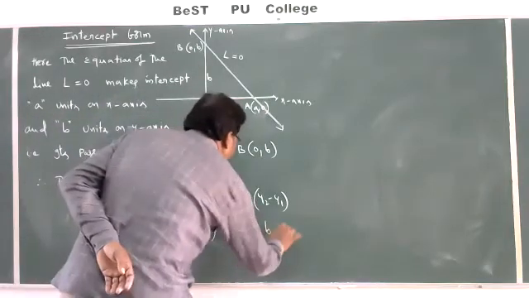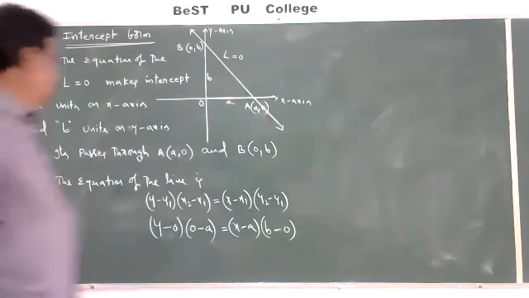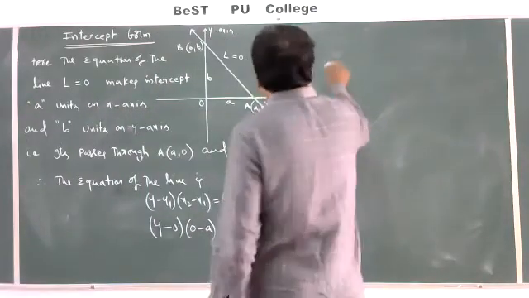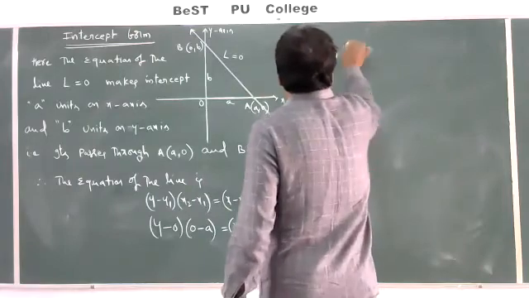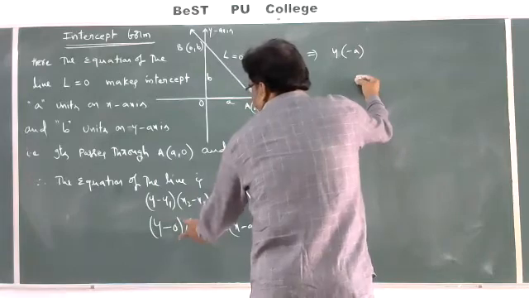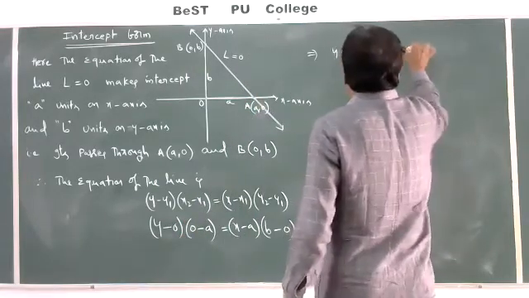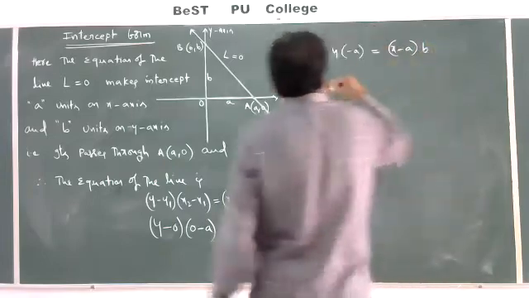Y2 is b minus y1 is 0. Y minus 0 is y. That implies y into 0 minus a, that is minus a, is equal to x minus a into b.